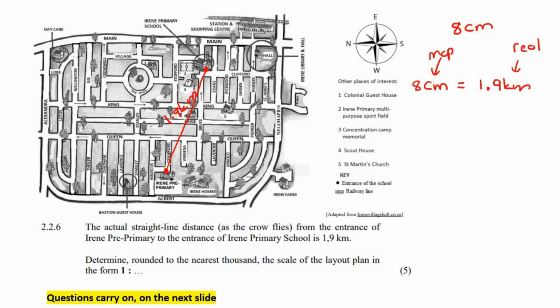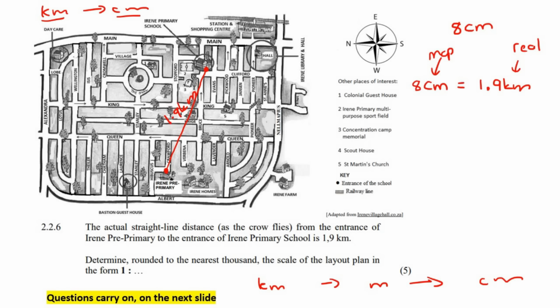Now we need to convert this to some type of scale. Let's keep this one in centimeters, and change this to centimeters. So we need to convert the kilometers to centimeters. What most learners would prefer, I know I would, is to first go from kilometers to meters, and then from meters to centimeters.